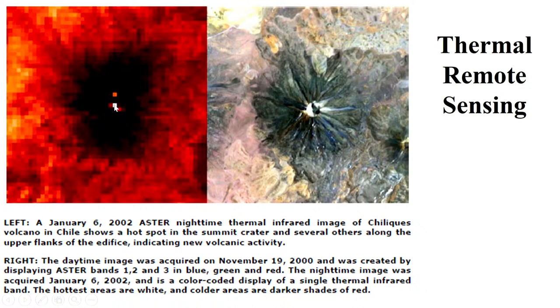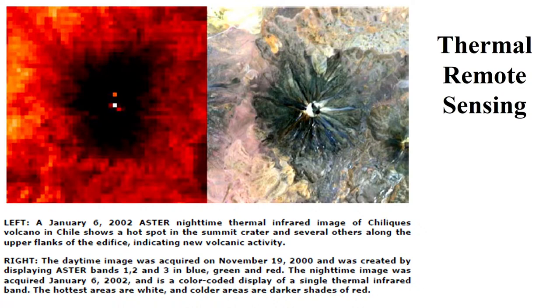So here we are going to see a very bright patch at the center of the volcano. From the shape it is clear that this is the volcanic crater. Inside the crater we are able to see the very bright patch. It means that the very bright patch is representing very high thermal emission, because this is a thermal data set.